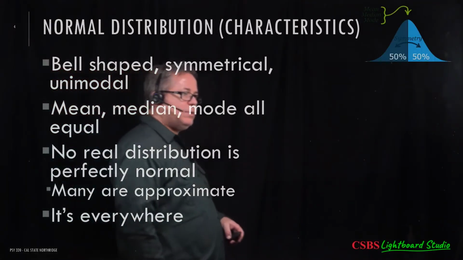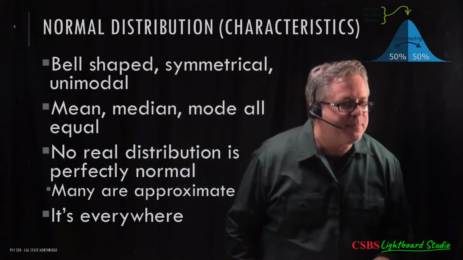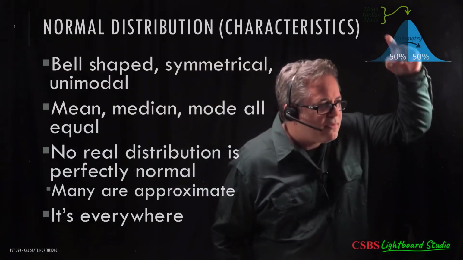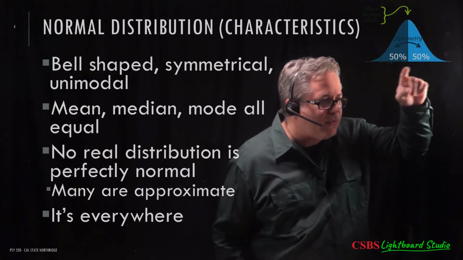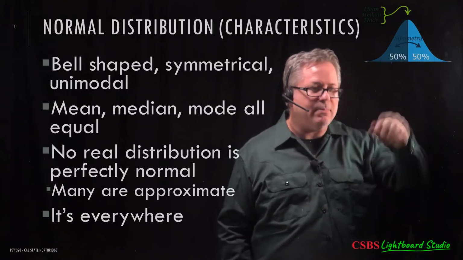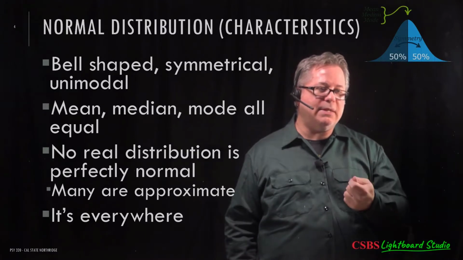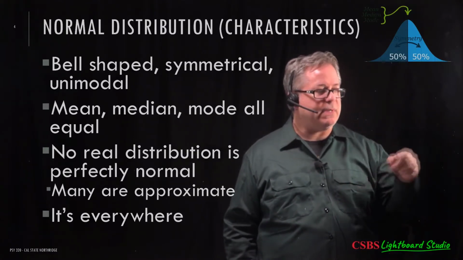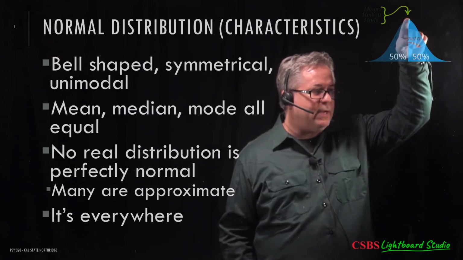So the characteristics of a normal curve, you can't see what it says up there, it's very faint. It says the mean, median, and mode are all in the center, and the data is symmetric. Remember the median is the number at the 50th percentile. So if the mean, median, and mode are all the same, where you see the peak is the mode, the median, and the mean all together.